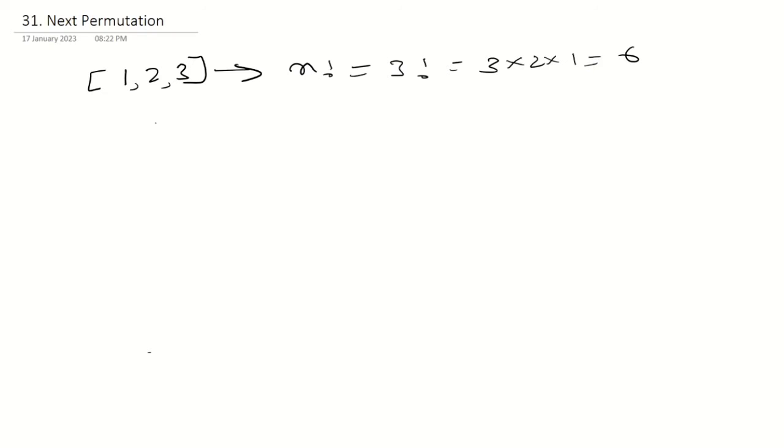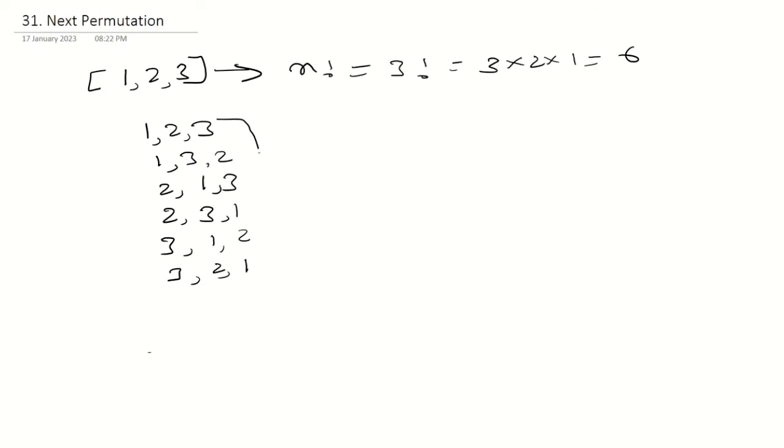Now let me draw this. One sequence will be 1 2 3, second will be 1 3 2, third will be 2 1 3, then 2 3 1, then 3 1 2, then 3 2 1. So these are the 6 permutations we can draw from these three.